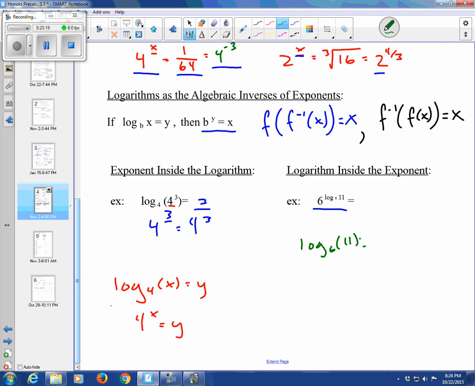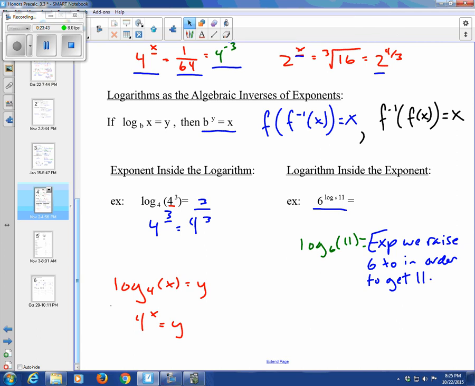When we evaluate it, it is the exponent we raise 6 to in order to get 11. So right here, if we're raising 6 to log base 6 of 11, that's the exponent we need to raise 6 to in order to get 11, right? Then basically right here, what should we get? We should get 11, right?